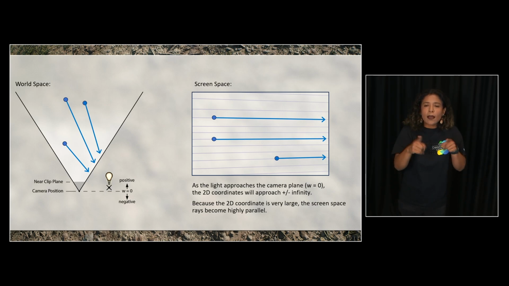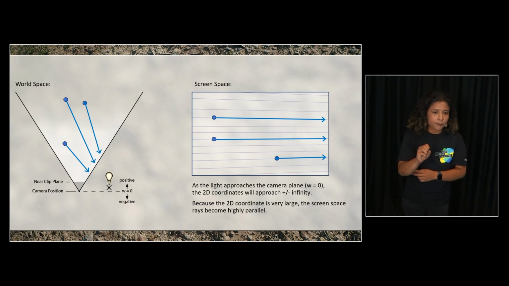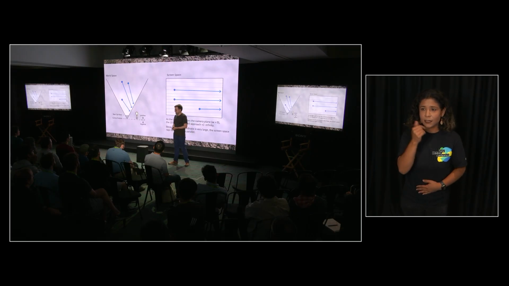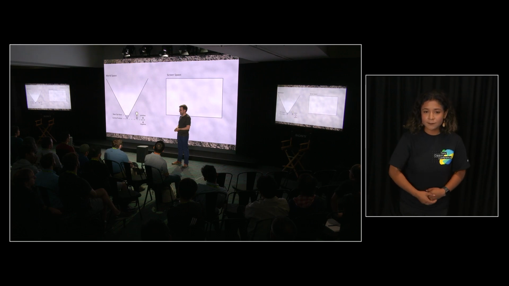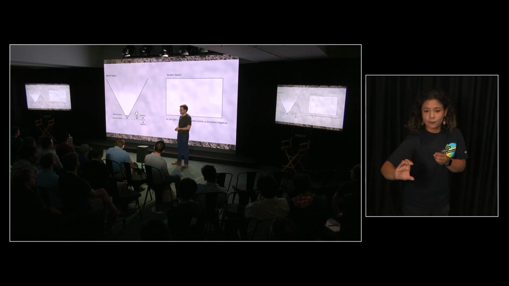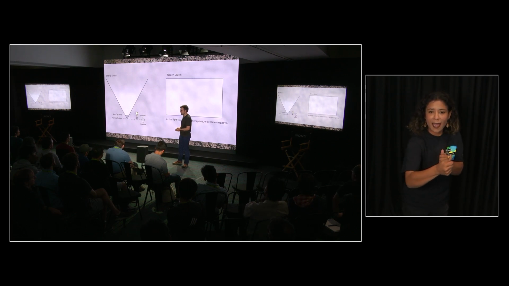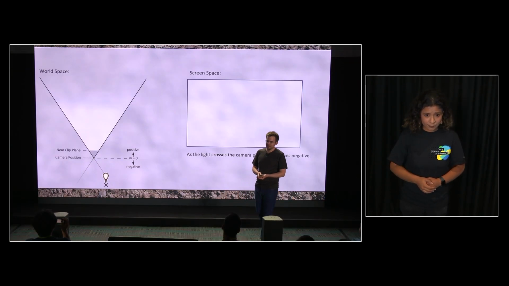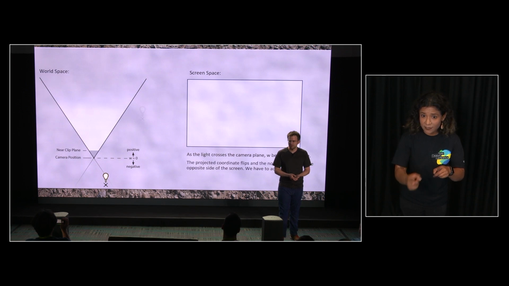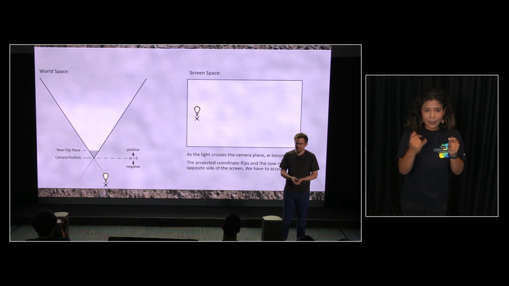So, what happens when things go beyond the camera plane? This is where the interesting observation number 3 comes out. And I'll admit, I didn't realize this until not long before I implemented this code. So, let's push the light behind the camera plane. So now W has flipped to being negative. And the really interesting thing is it reappears on screen, but now it's on the opposite side.